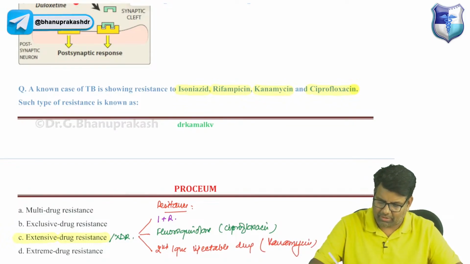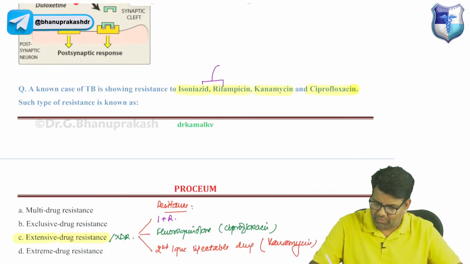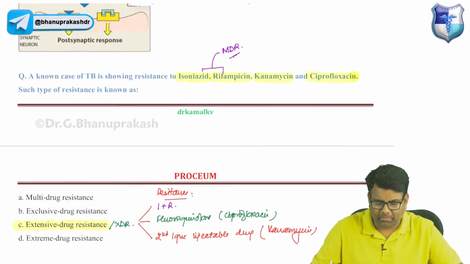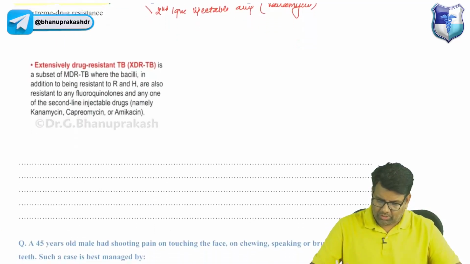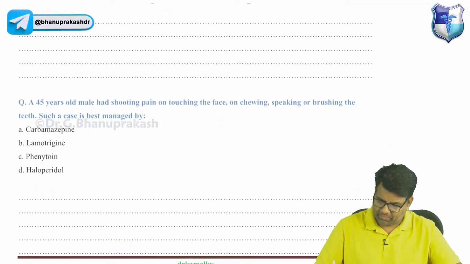Clear? So this is XDR. I think most of you must be remembering that when there is resistance to only isoniazid plus rifampicin, we call it MDR. That's simple. So this is XDR TB.